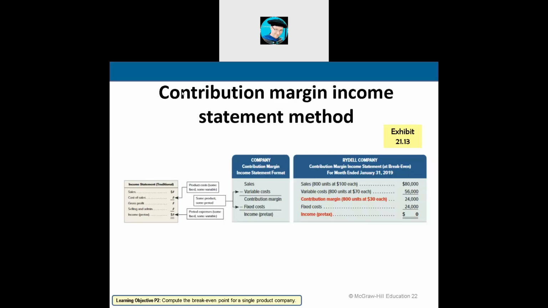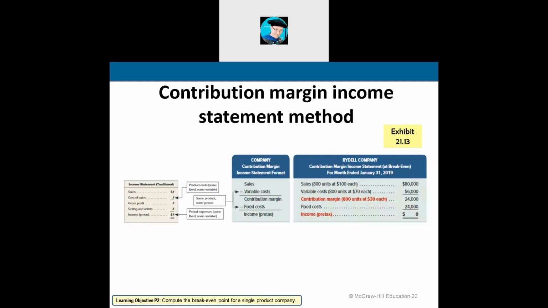Minus your fixed costs, which are also 24,000, equals your net income, 0. Remember, break even is when you neither made a profit nor a loss. Your net income, 0. Okay?